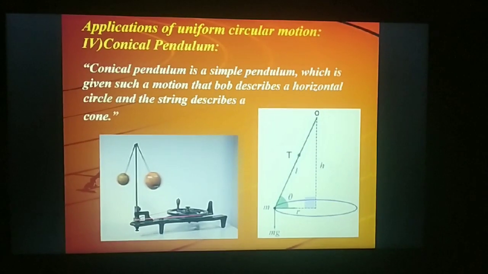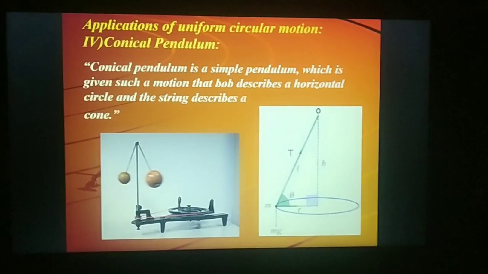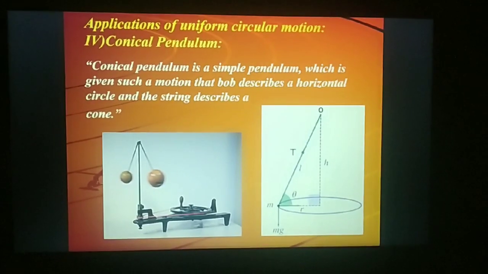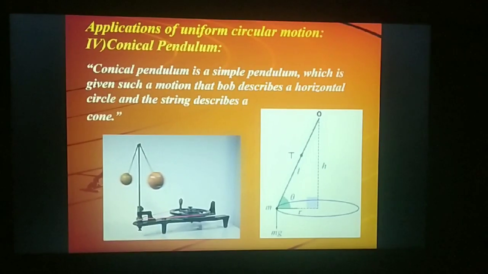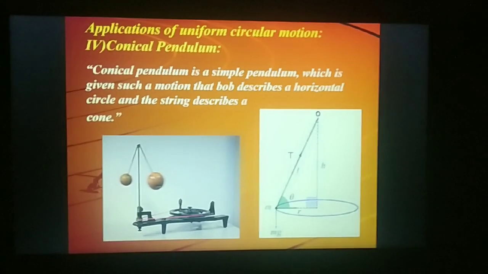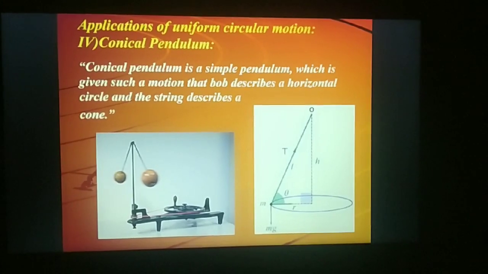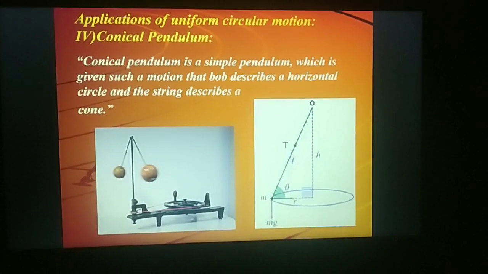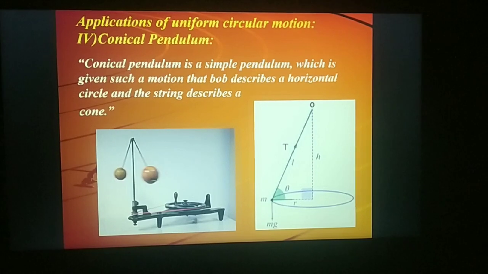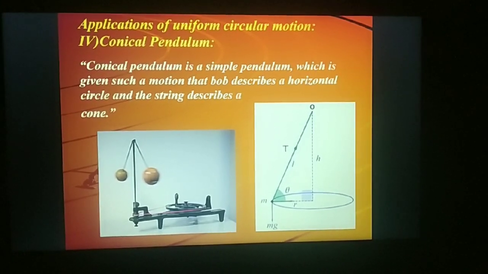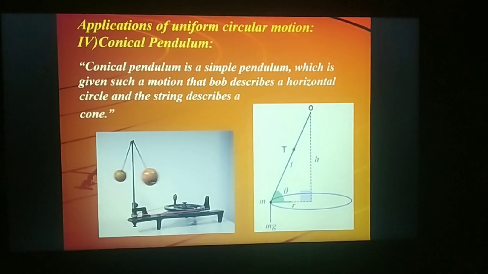Now, the conical pendulum is a special case of the simple pendulum. A definition may be asked. A conical pendulum is a simple pendulum which is given such a motion that the bob describes a horizontal circle and the string describes a cone.